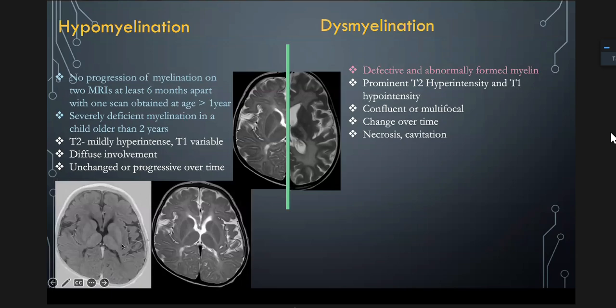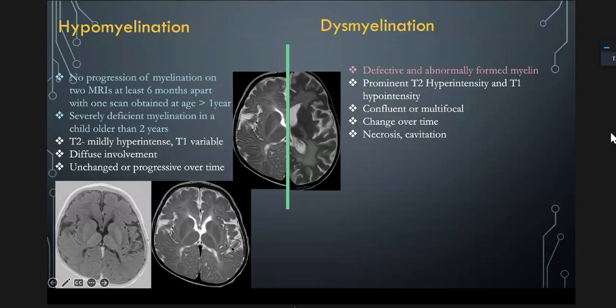Now here we have a child where I have shown a T1 IR image, and this is a T2 weighted image. This child was 18 months old, and there is absolutely no myelination seen in the white matter. So on T1 weighted it's hypointense, and it's slightly hyperintense on T2 weighted, with diffuse involvement.